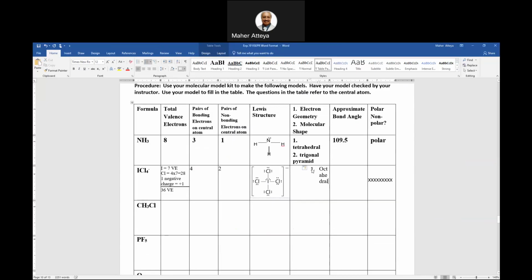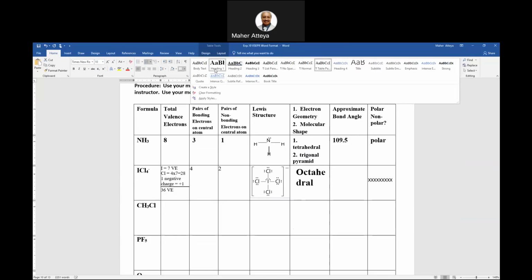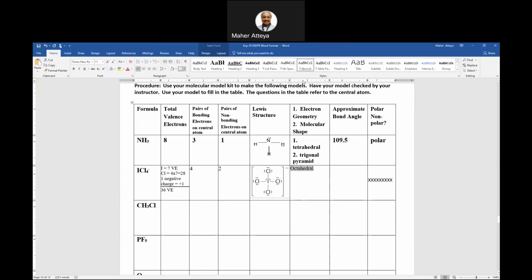I don't know why it's in the middle. Okay, so number 1 is octahedral.